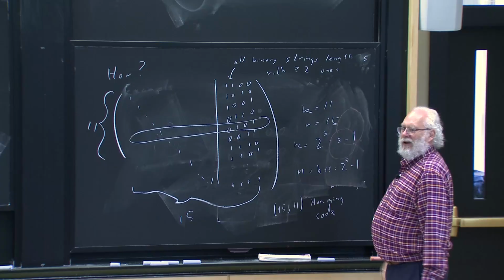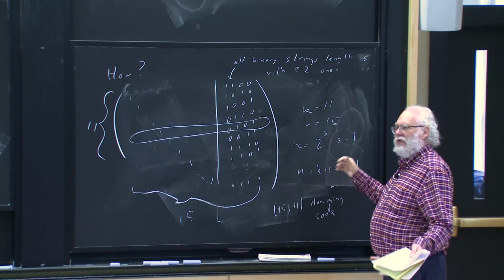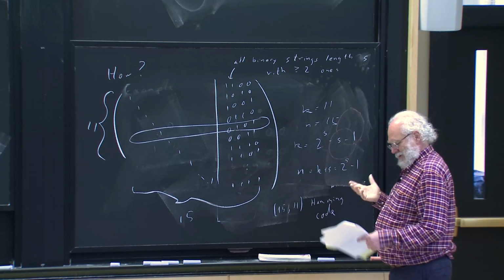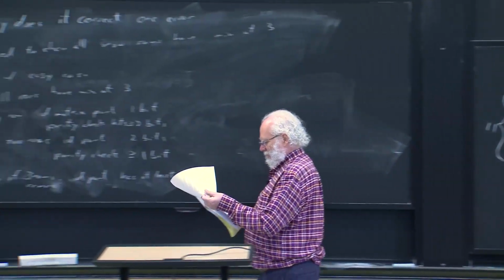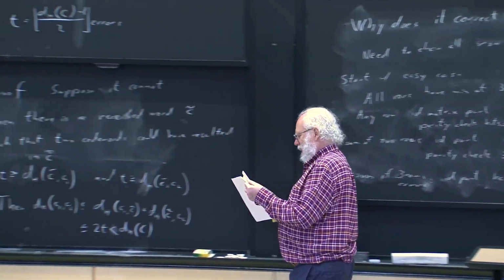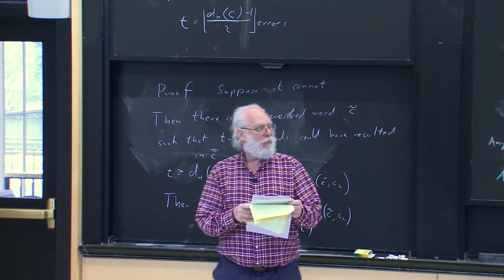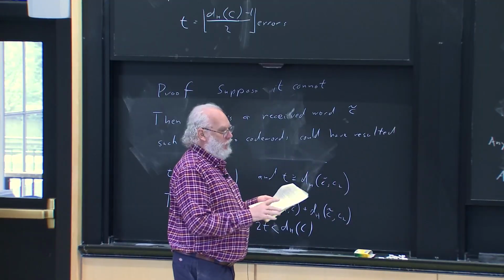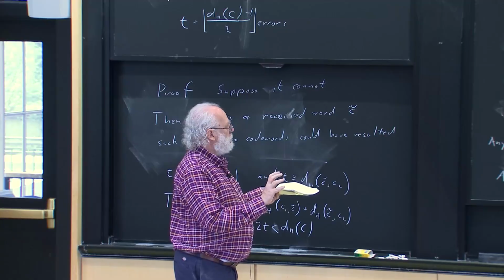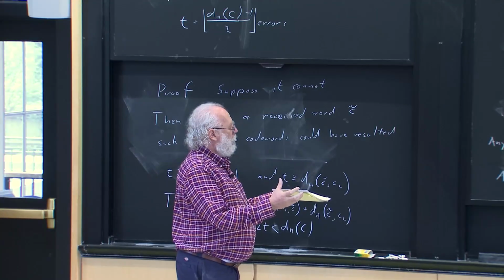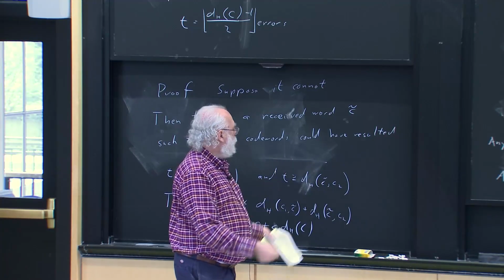So this is the class of Hamming codes. I should say something about them later, but let me first tell you how to correct errors in linear codes.